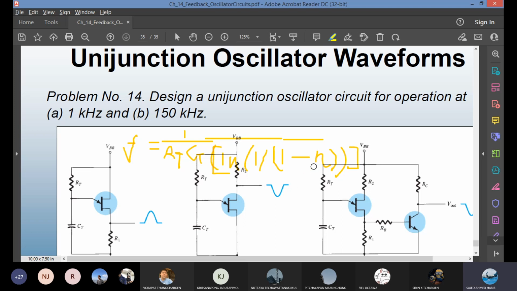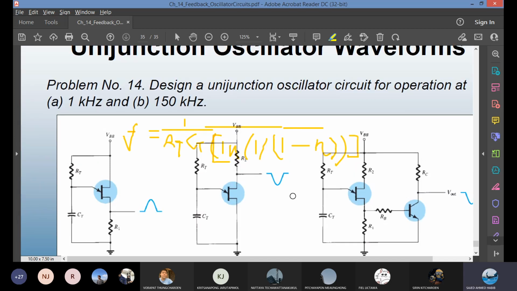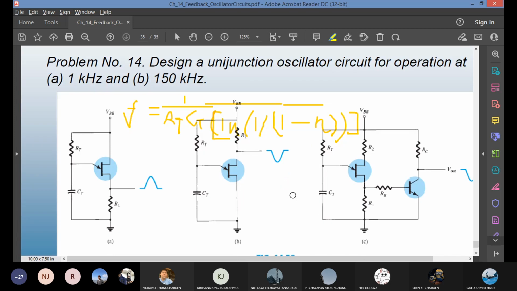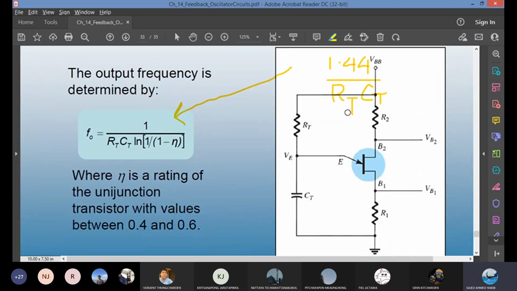You can take any value between 0.4 to 0.6. What value would you like to choose? It's up to you. If I take 0.5, the formula becomes 1.44 over RTCT. So F is given.